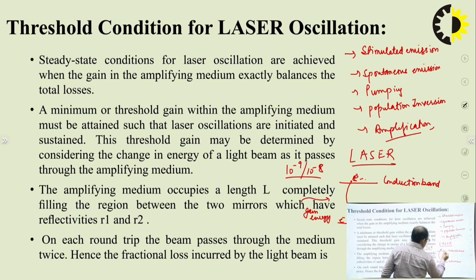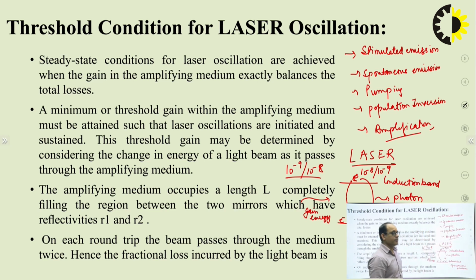When these electrons go back to the initial band and release a photon after staying 10⁻⁸ or 10⁻⁹ second, this is known as spontaneous emission. Clear?